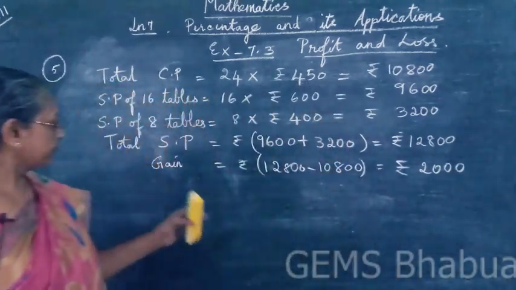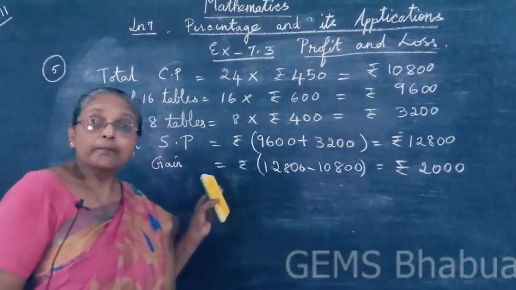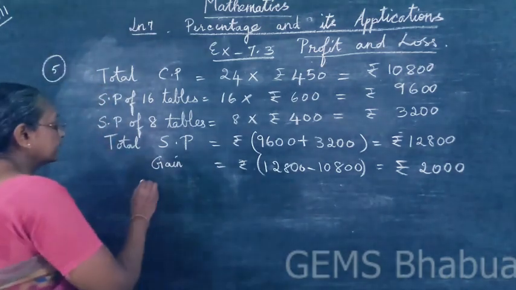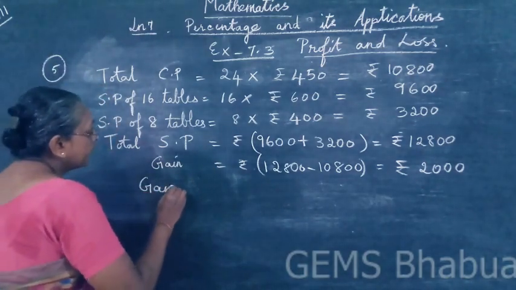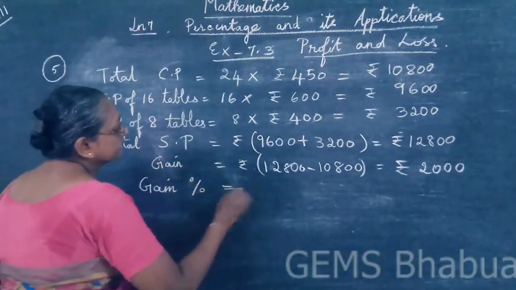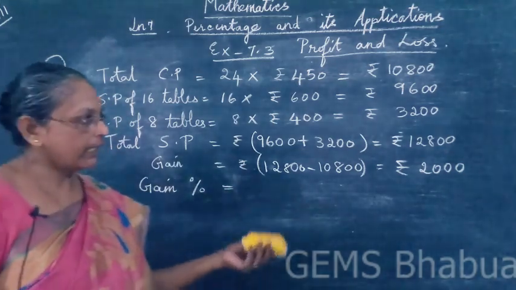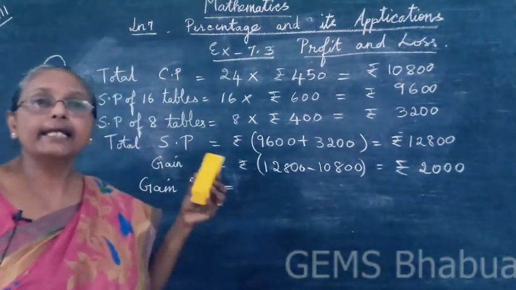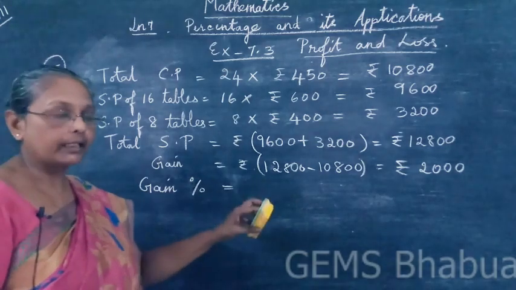Now, after this, we have to find the gain percent. That is what they are asking us to find. So, what is gain percent? Gain percent is equal to, you know the formula, as I told you earlier, gain by CP into 100%.